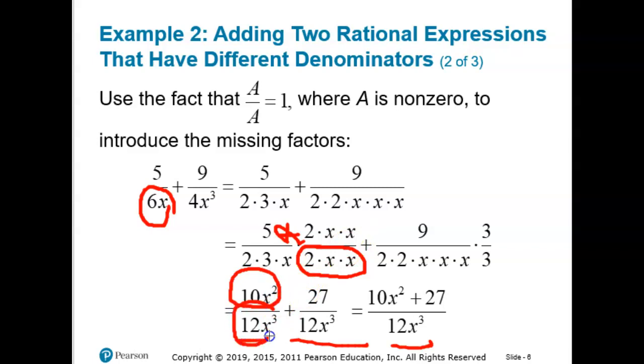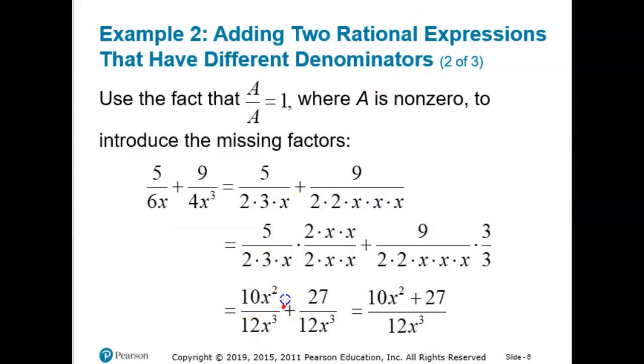So when you are looking at this 10x squared over 12x cubed, it is equivalent to 5 over 6x. We simply multiplied the numerator by 2x squared and the denominator by 2x squared.